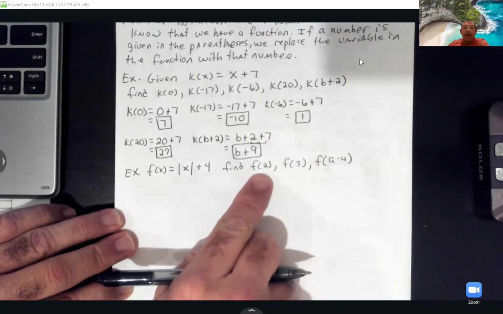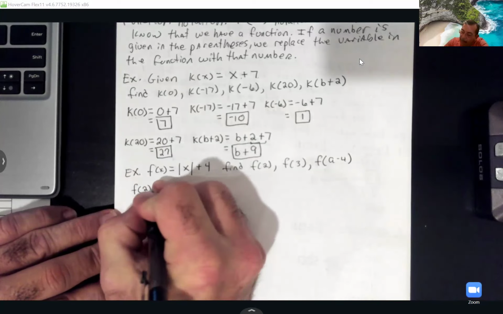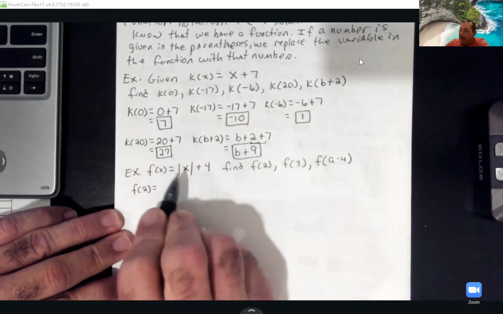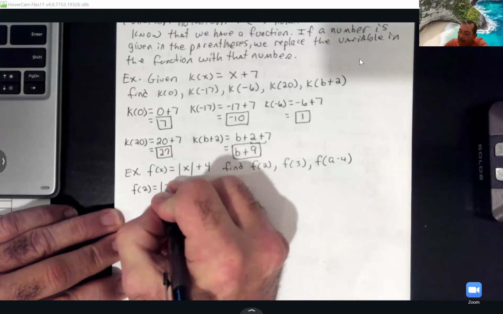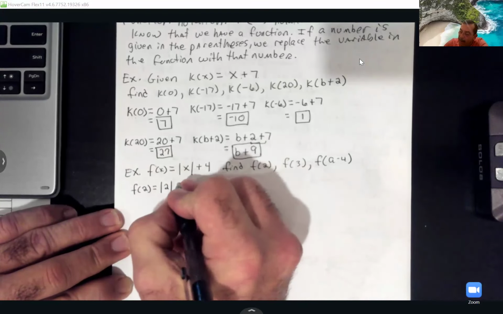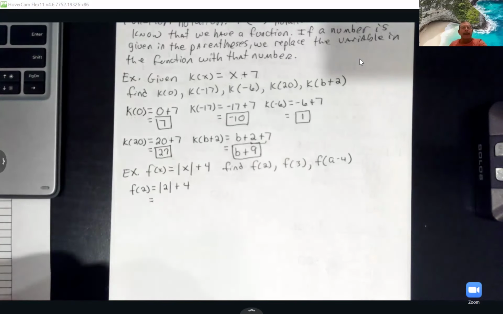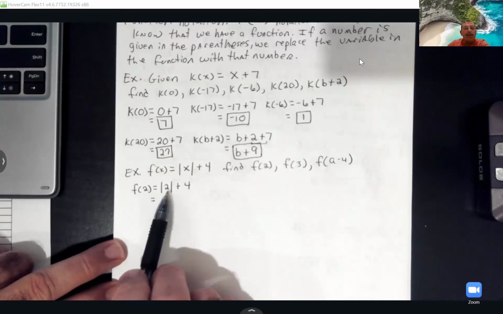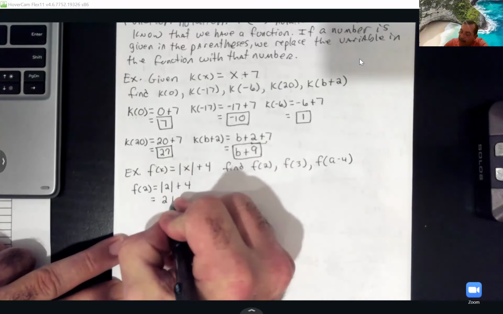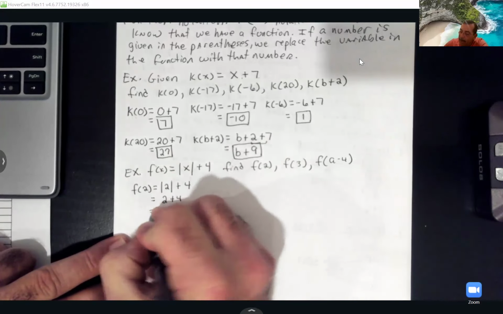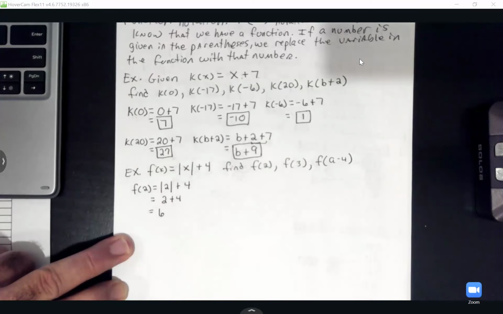All right, so first we'll start with f of 2. So that's going to equal, put a 2 in for the x. So that'll be absolute value of 2 plus 4. All right, let's see. The absolute value of 2 is 2. So that comes out as a 2 plus 4. And y'all, 2 plus 4 gives us 6.